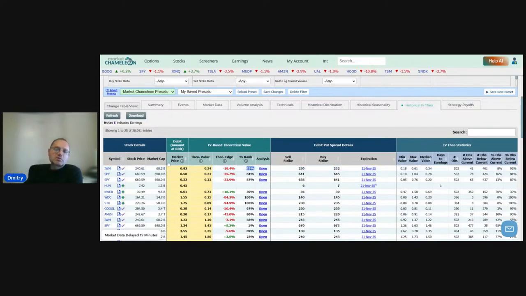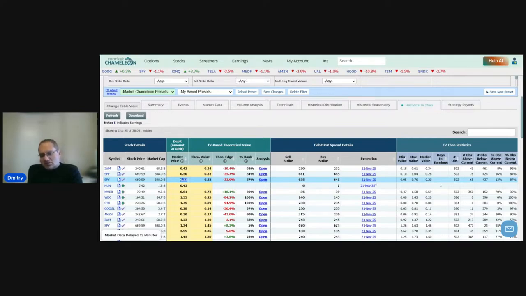Only 8% were above. If we use the 50 cents here, 84% were below, 16% were above. So these are now on the higher end of the historical range, but it gives us an idea where the pricing is, where the traded prices are. So here we can make quicker decisions.